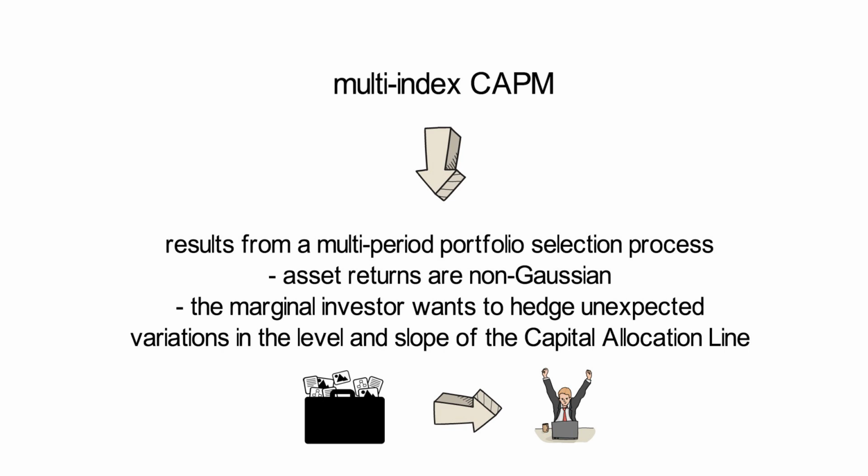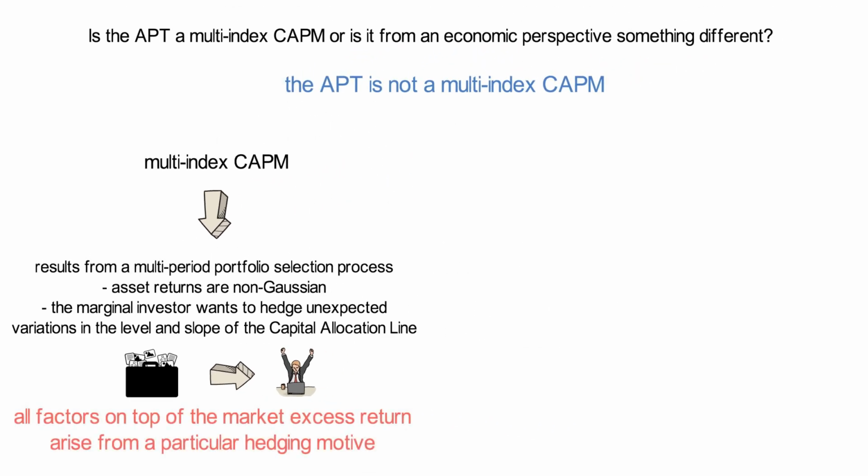The price of such assets is bid up, which implies lower priced-in risk premiums. Sometimes you hear that such assets are priced in with a negative hedge premium. So in the intertemporal CAPM, all factors on top of the market excess return arise from a particular hedging motive.